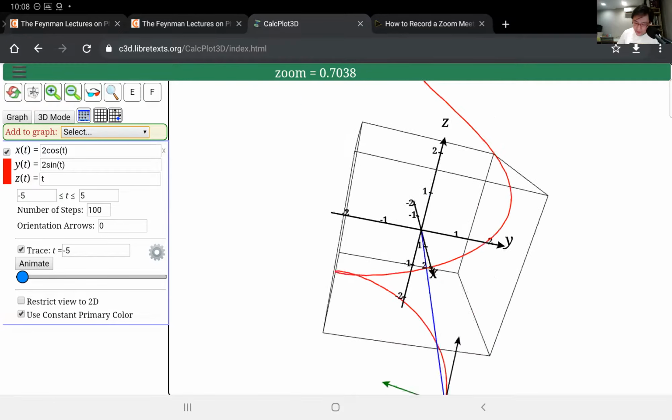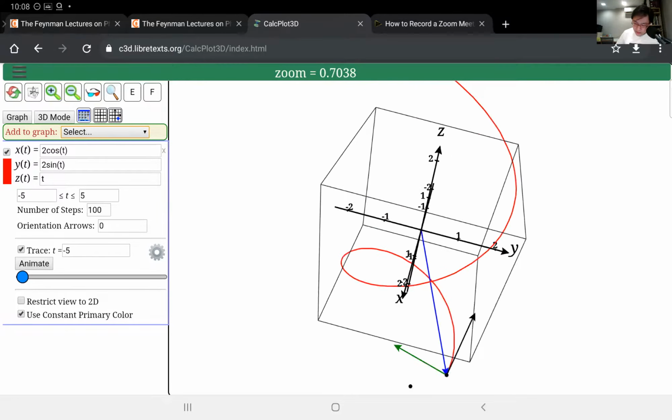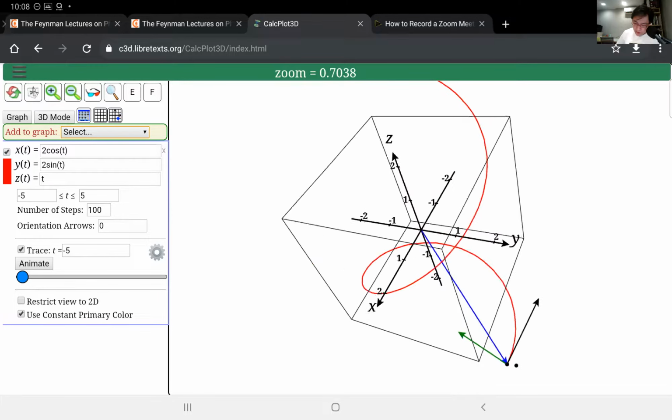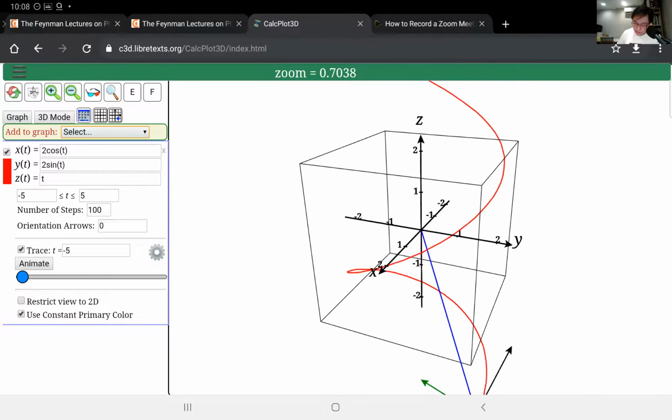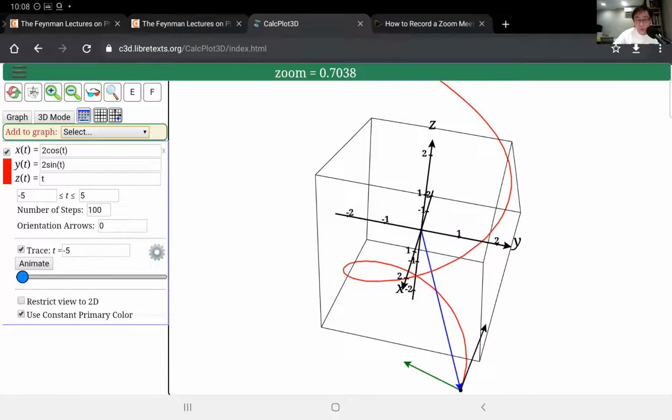If I try to orient it in the direction that we're familiar with, give me one second here. It's just so sensitive. Okay, here we go. I think this is good. So x is towards you, y to your right, and z is pretty much up. Let's focus on the vector. I'm going to start with t equal to 0.